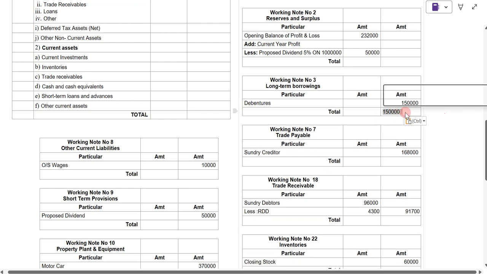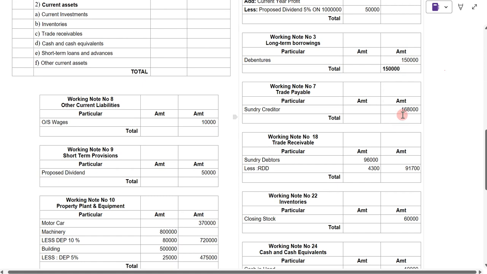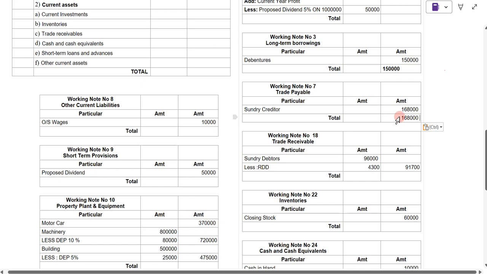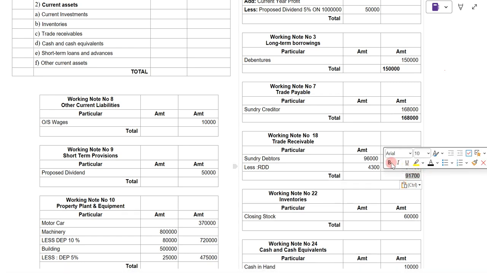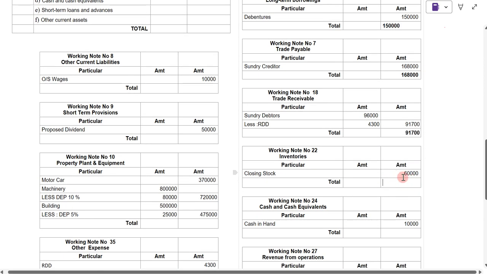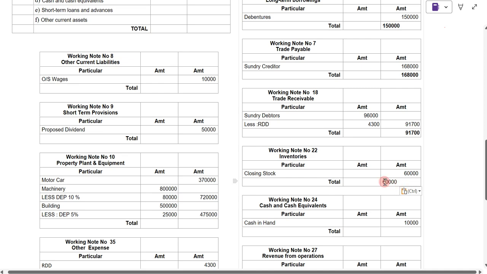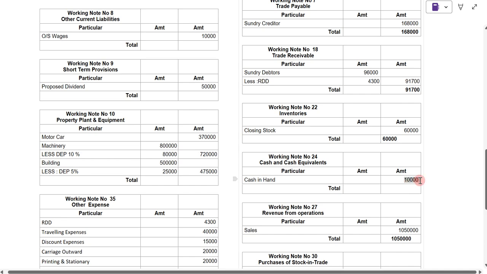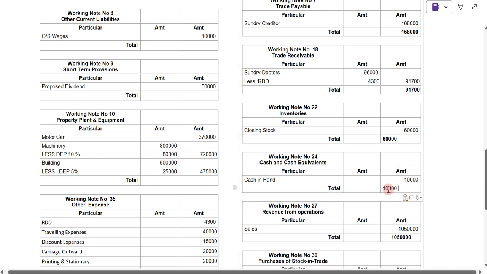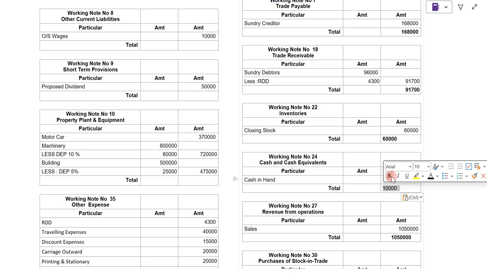Borrowings, note number 7, that is 1,68,000. Note number 18, 91,700. Note number 22, inventory 60,000. Note number 24, 10,000. Only one entry, so that is the total.